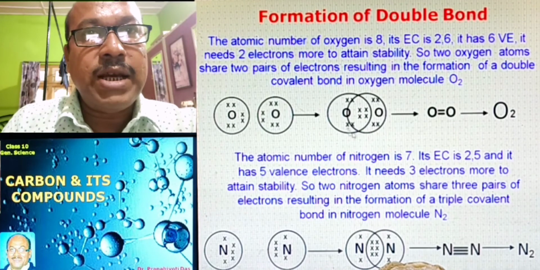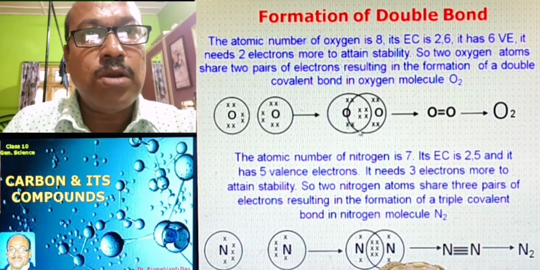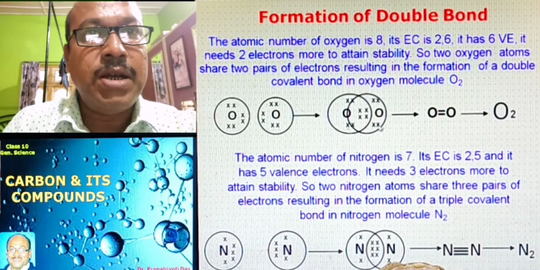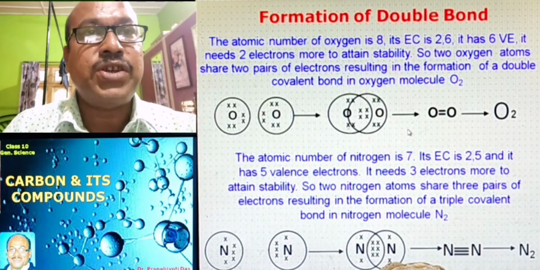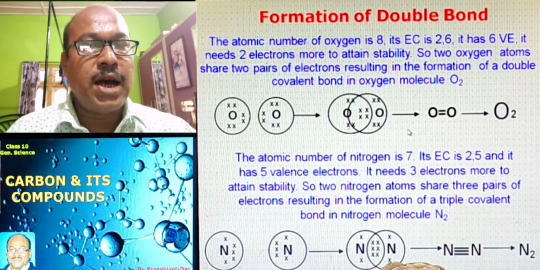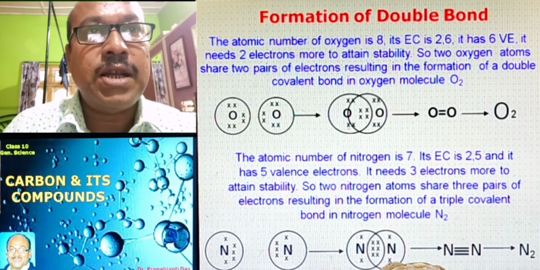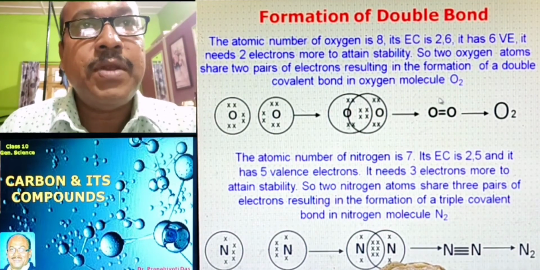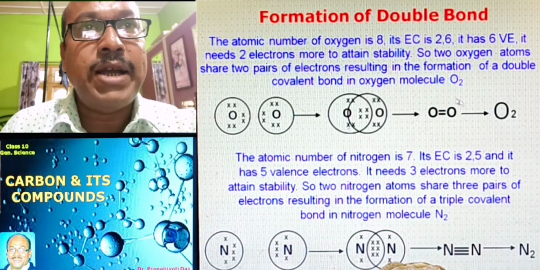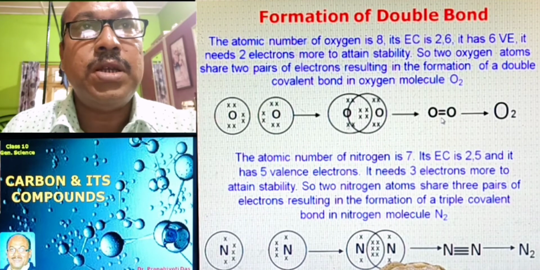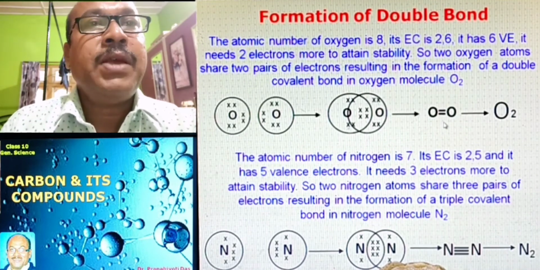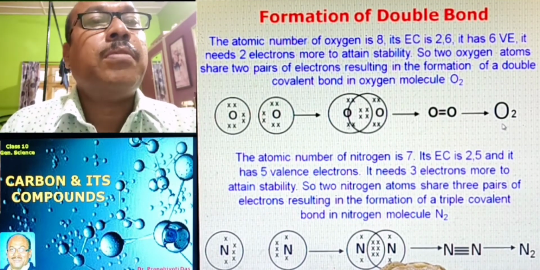As a result, we can see the first oxygen is also now having 8 electrons within this circle, and the second oxygen is also having 8 electrons within this circle. Means when these 2 pairs of electrons are shared, both the oxygens get a stable electronic configuration. And this is how these 2 oxygen atoms are combining together with the help of a double bond. This is the double bond we are depicting. And as a result, an oxygen molecule is formed.